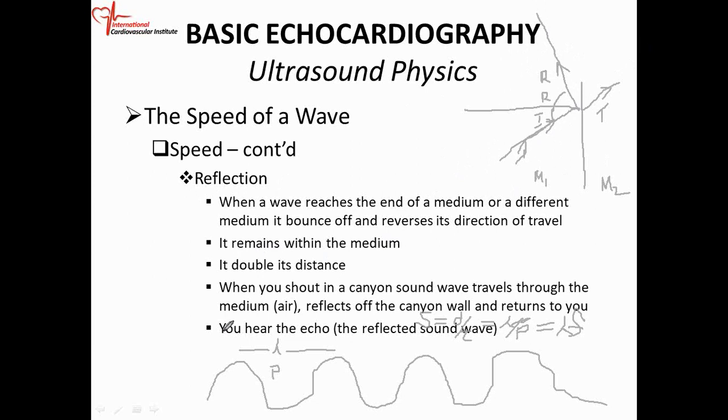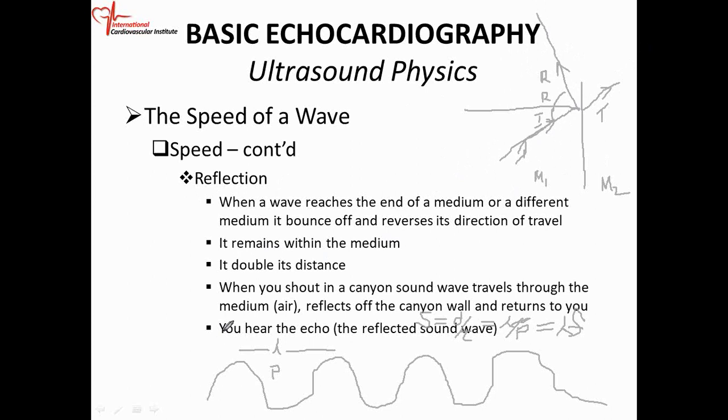And you can do simple experiments. If you go to the Grand Canyon or any canyon, and you shout and you hear the echo, the sound wave travels from your mouth to the wall of the canyon, and then it is reflected backwards to your ear.